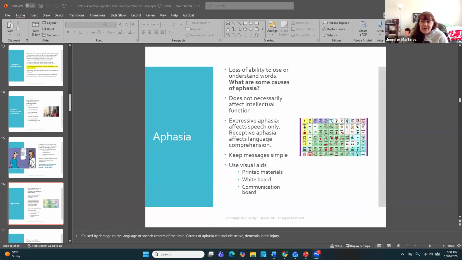Other things too, be careful when we talk about some of our patients, especially when we're trying to use simple words.